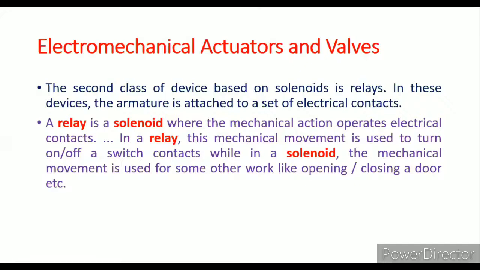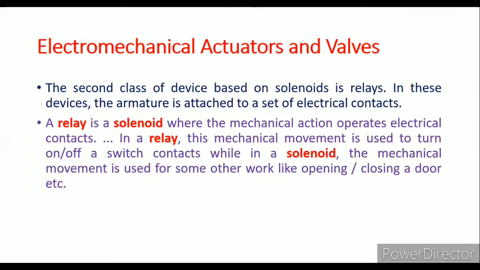A relay is a solenoid where the mechanical action operates an electrical contact. In a relay, this mechanical movement is used to turn a switch contact on and off, while in a solenoid, the mechanical movement is used for some other work, like opening and closing a door. A solenoid controls the flow of liquid or gas flowing inside a pipe or in industrial waste, which you can observe there.